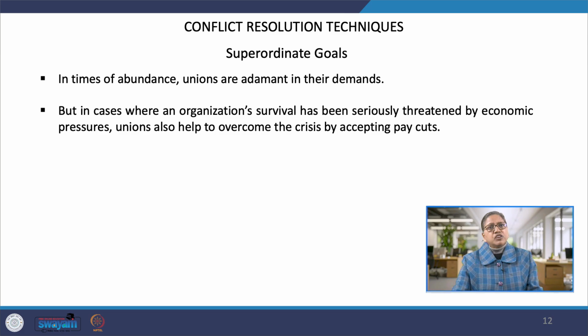A synergy starts developing due to collaboration. A common example is the union management dispute, which arises in the organization during organizational change because of the implementation of new rules.